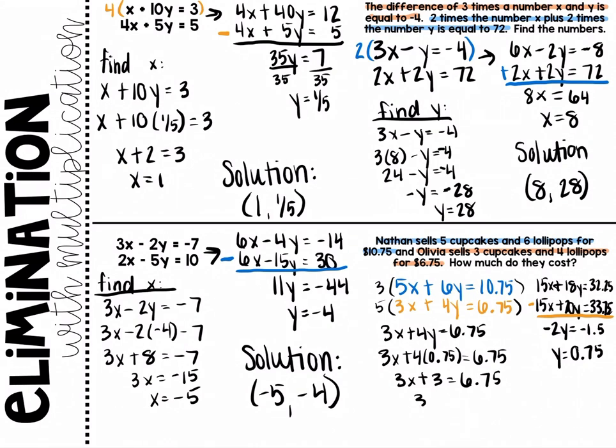So then I'm going to subtract 3. Then I'm going to divide by 3. And so x is 1.25. So in the context of what it's saying, a cupcake, I'm going to put a CP, costs $1.25, and a lollipop, LP, costs 75 cents.